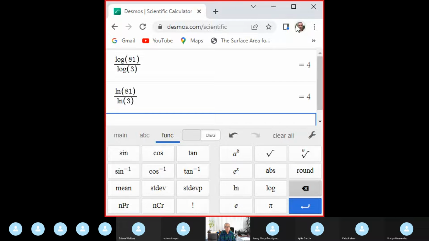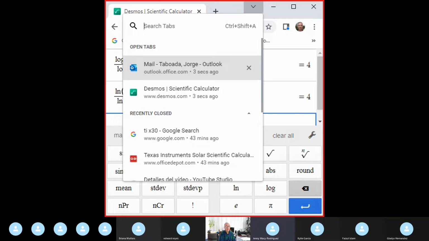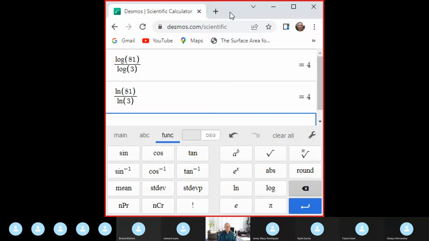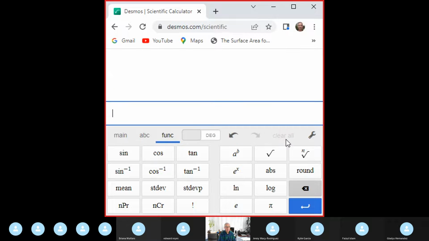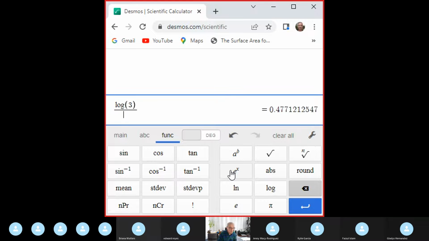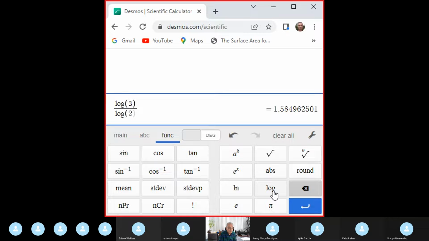You see the calculator? Yes. Let me clear the calculator. I just put log of 3, divided by, outside the parentheses of course, logarithm of 2. Boom.